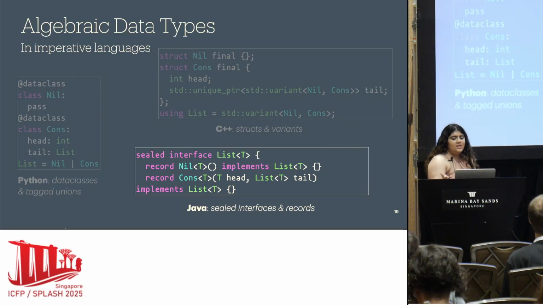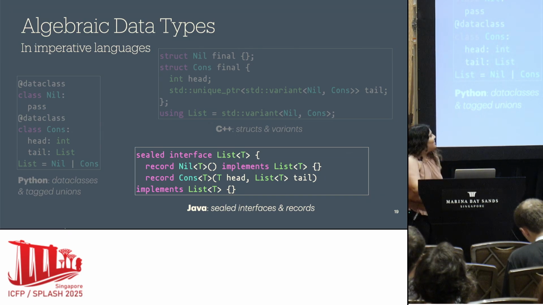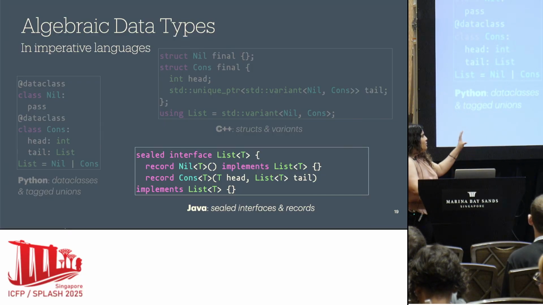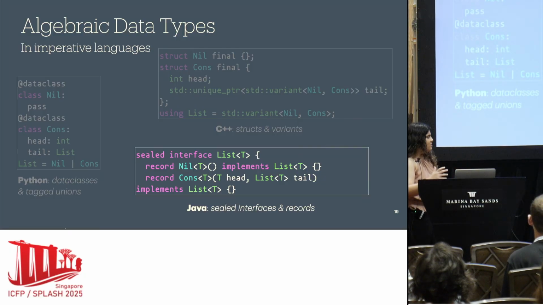This is a pretty nice implementation of, I forgot a closing bracket somewhere. Sorry about that. We do close it, yes. It is a closed list. The whole point of sealed interfaces is that you can't extend them. And if you move stuff around, it looks a lot like a normal ADT.